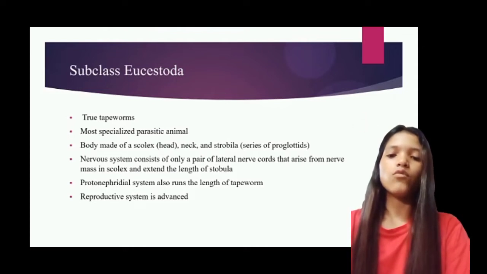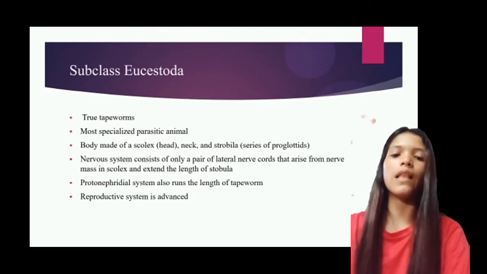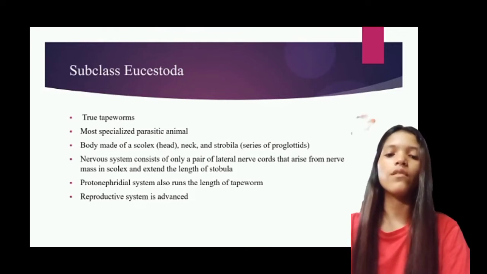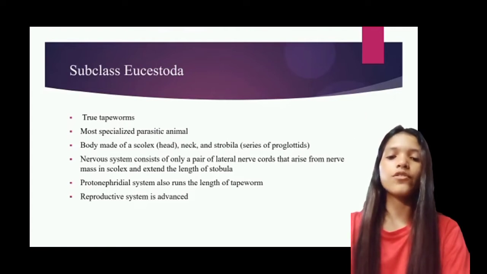Subclass Eucestoda has a nervous system that consists of only one pair of lateral nerve cords that arise from the nerve mass in the scolex and extend the length of the strobila. The protonephridial system also runs the length of the tapeworm.